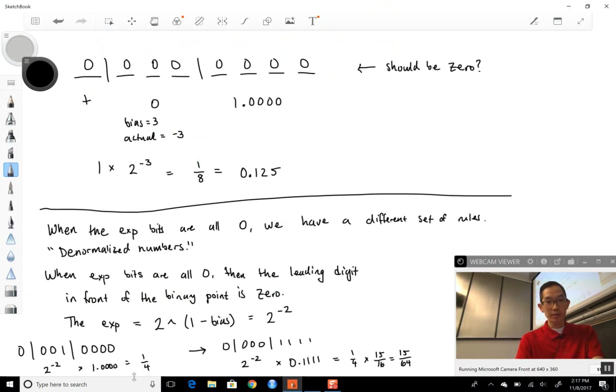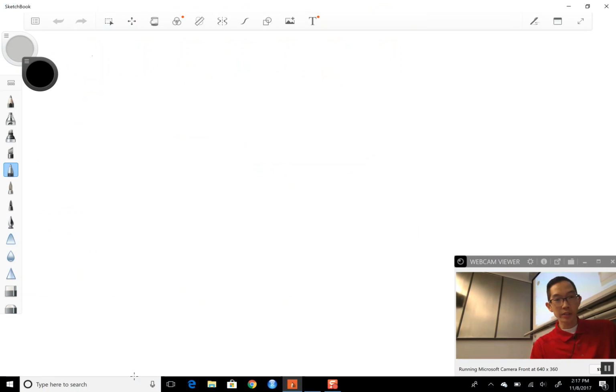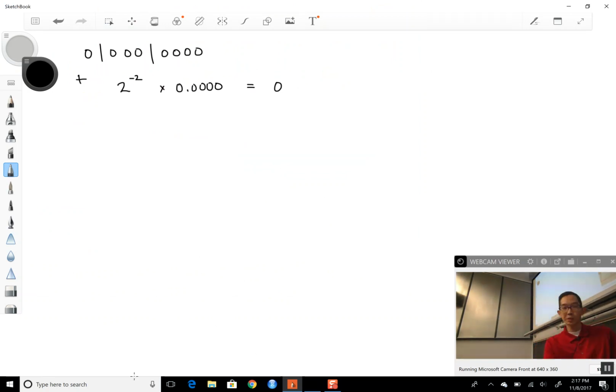All right, so with that in mind, we've got 0 and then 0, 0, 0, 0, 0, 0, 0. This would become a positive number. This is 2 to the negative 2 times 0.0000, which is going to be 0. Okay, and so the smallest non-zero number is 0, 0, 0, 0, 0, 0, 0, 1.